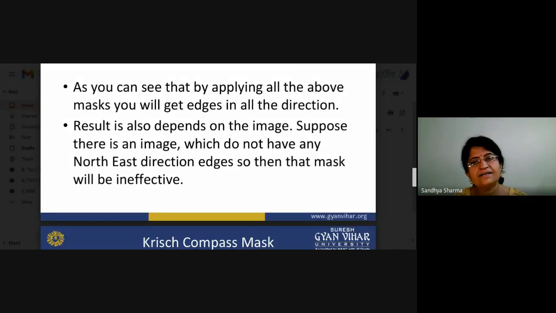As we see, by applying all the above masks, we will get the edges in all the directions. So the result also depends on the image. Suppose there is an image which doesn't have any northeast direction edges, then that mask will be ineffective.